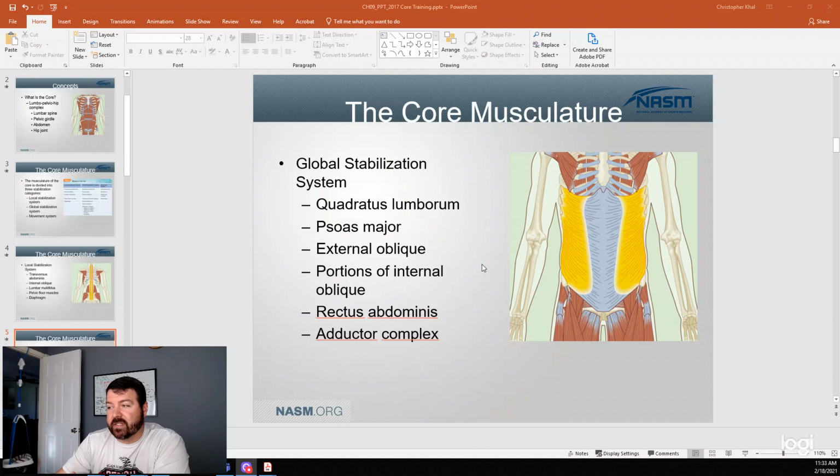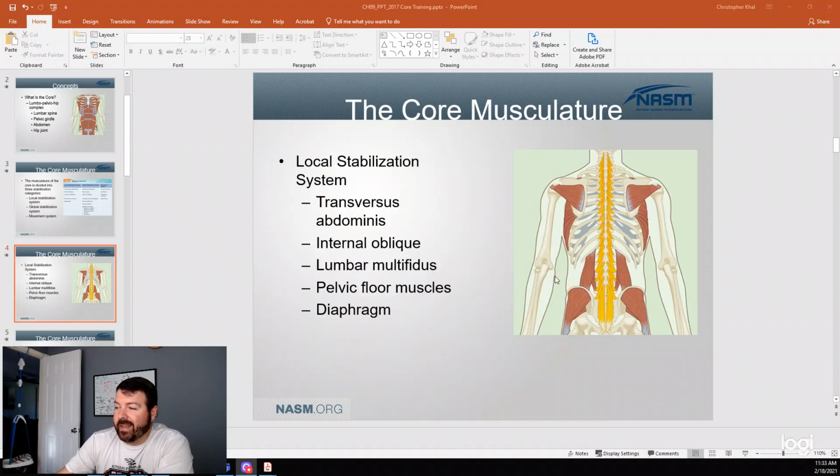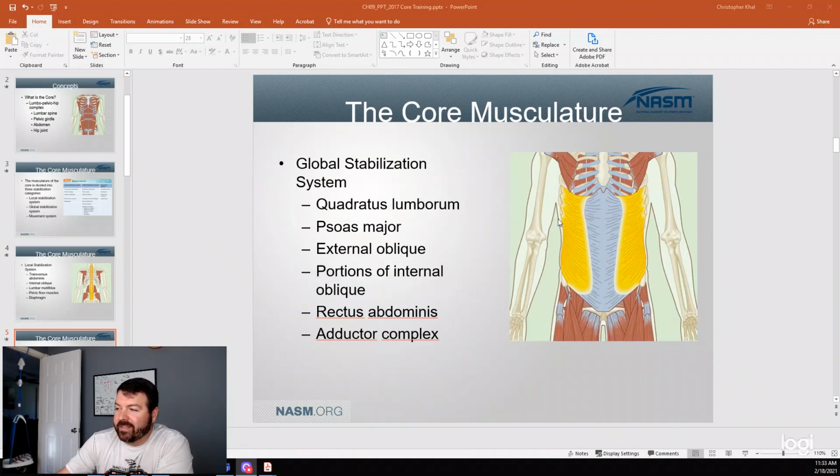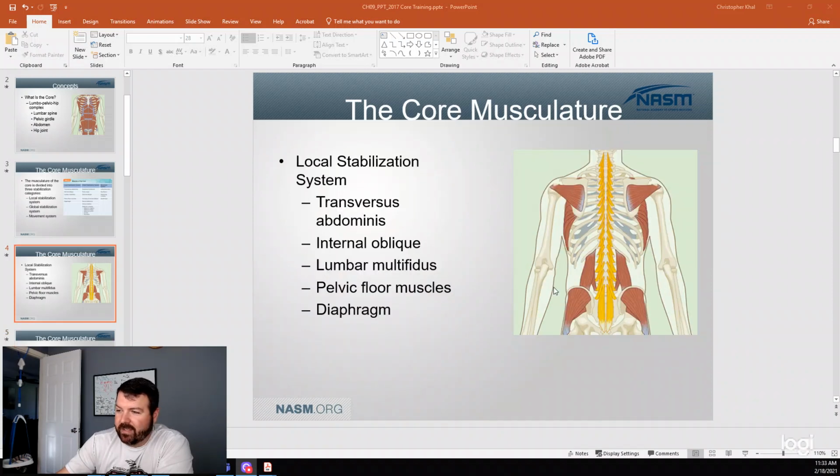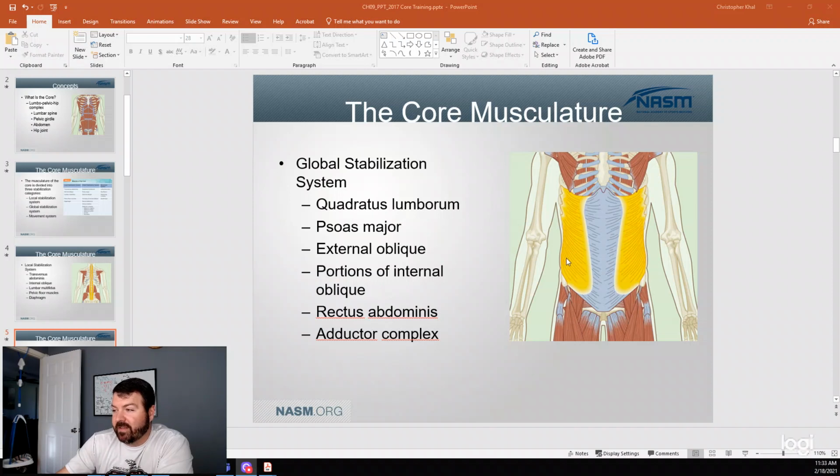Your global stabilizing system is your quadratus lumborum, which is oddly enough depicted in this picture. And then in the yellow is more of your transverse abdominis, which is actually depicted here. You have your psoas major, which is a very, very deep muscle that does a good portion of hip flexion as well as trunk flexion.